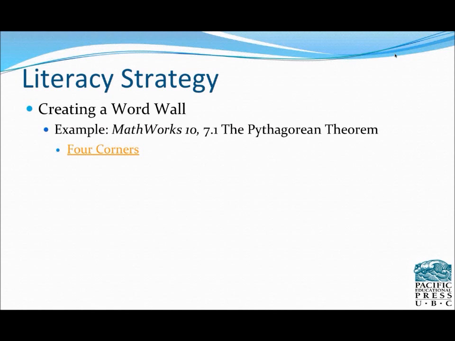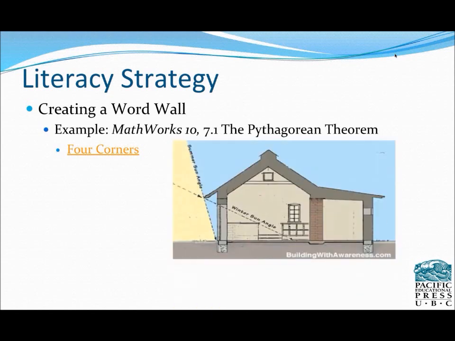To play, you would first designate each corner of your classroom as A, B, C, or D. And then using words from the wall, you can create multiple choice questions to test students' knowledge. And by create, I mean make up off the top of your head or have students come up with the questions themselves. Here's an example targeting the word overhang in a problem from MathWorks 10, section 7.1 on the Pythagorean theorem.